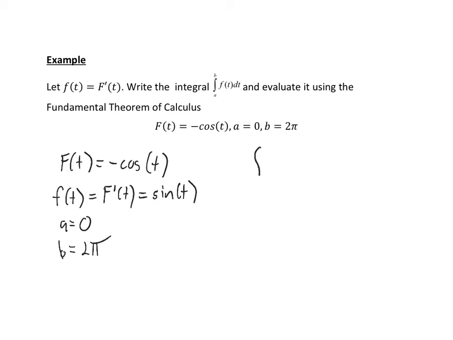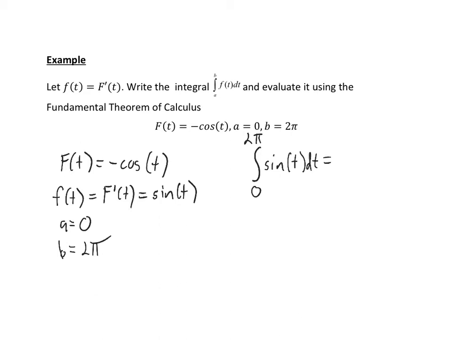So now we can write this definite integral. What we're actually trying to do is the area under the curve from 0 to 2 pi of sine of t dt.